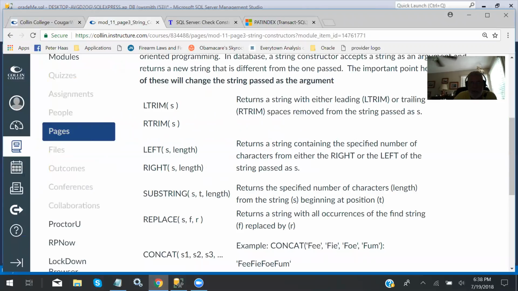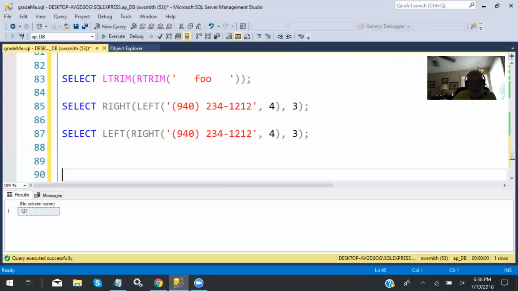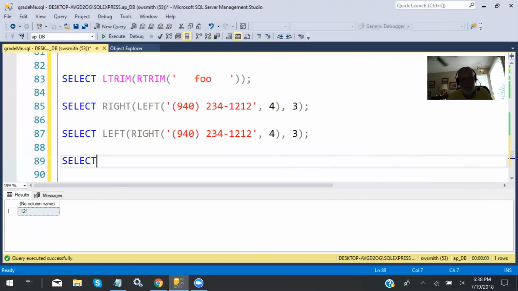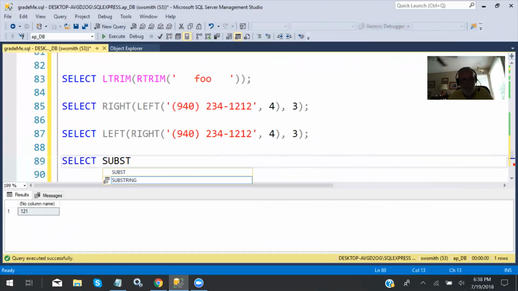Next one that we have is the substring. Returns a specified number of characters from the string beginning at position T. If I have something like this, and I can say select a substring, SUBSTR, am I spelling that right?